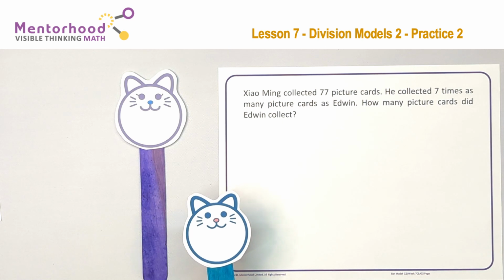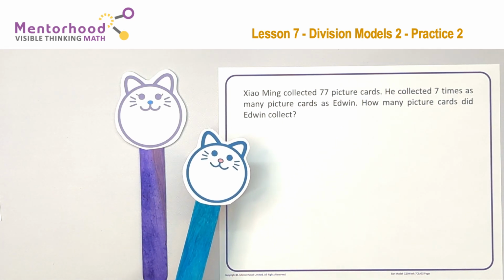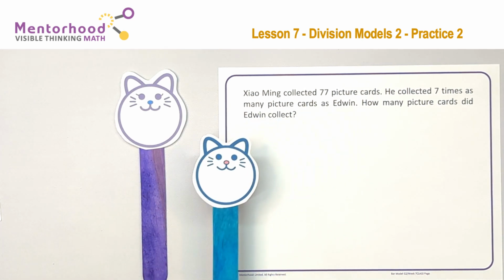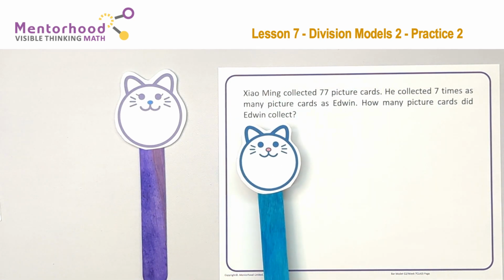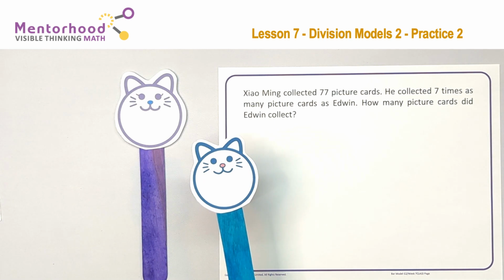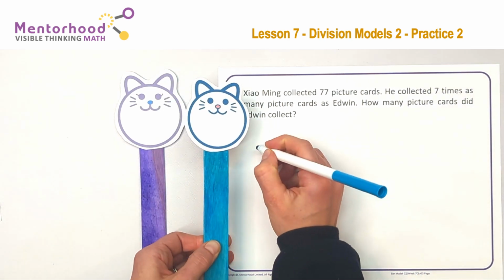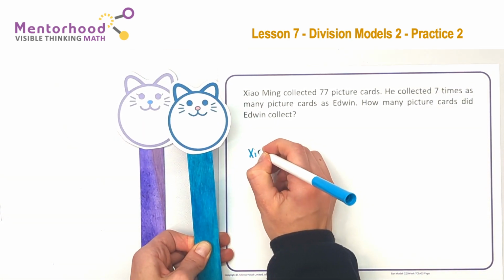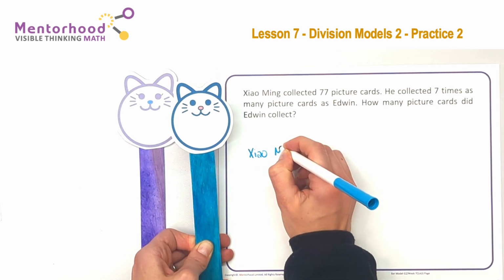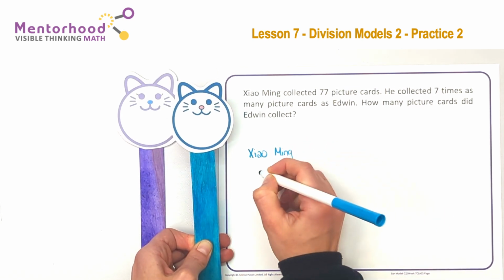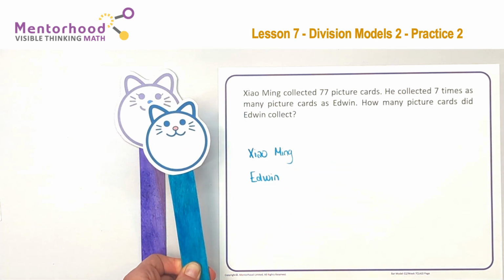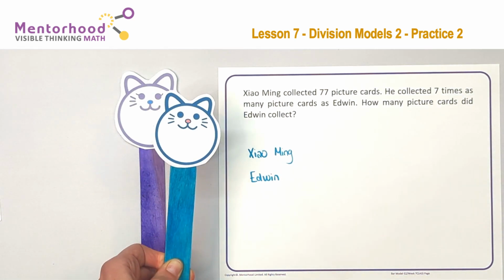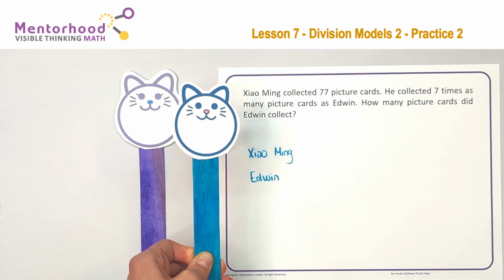So let's write that down. Who's gonna have more, Zhao Ming or Edwin? Who collected 7 times as many? Zhao Ming, that's right. And he collected 7 times as many, so his box is going to be quite a bit bigger.